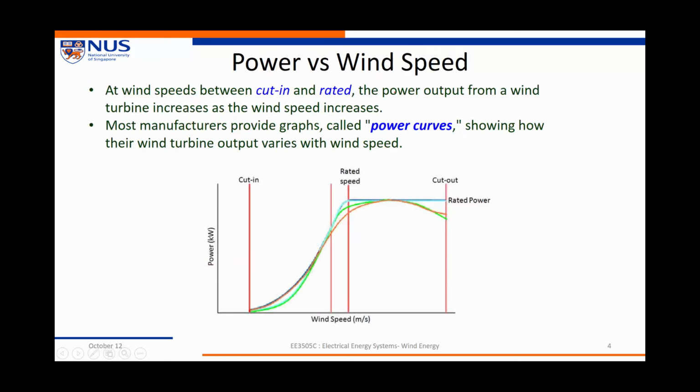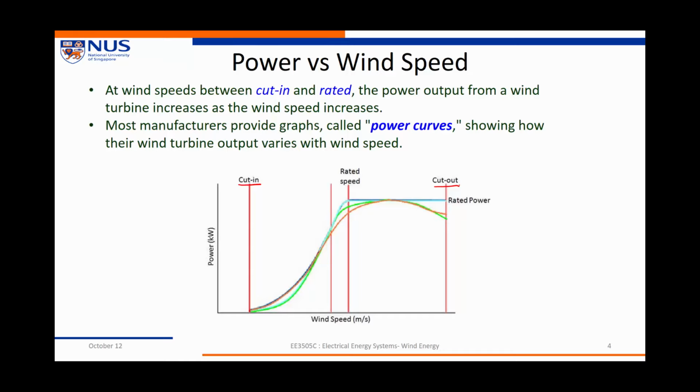We have to understand the wind speed and power with respect to it. We can generate useful power for wind speeds between cut-in wind and cut-out wind. Now what are these terms defined as? The cut-in speed is defined as the minimum wind speed at which the wind turbine will generate usable power.